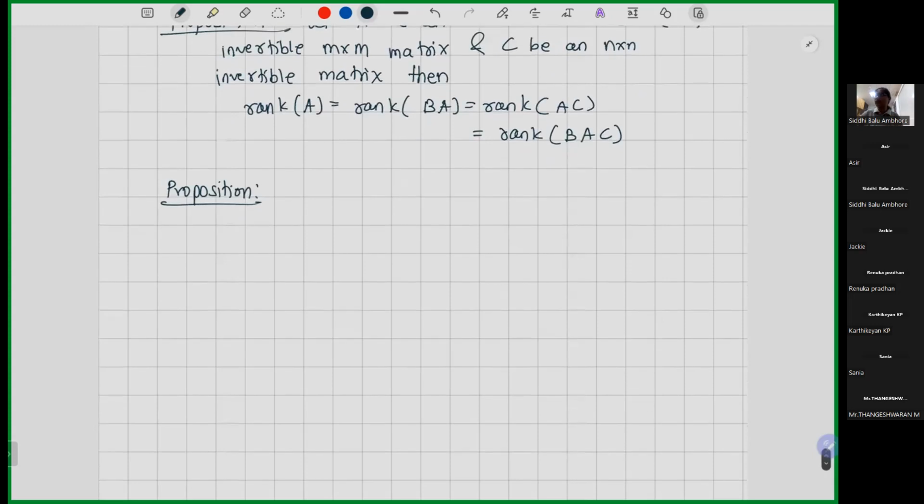We will use this proposition along with the other one to conclude one thing, which we will use to obtain the rank of a matrix.